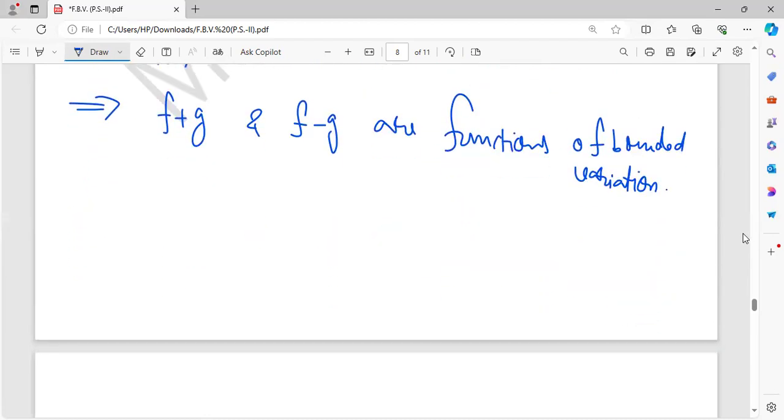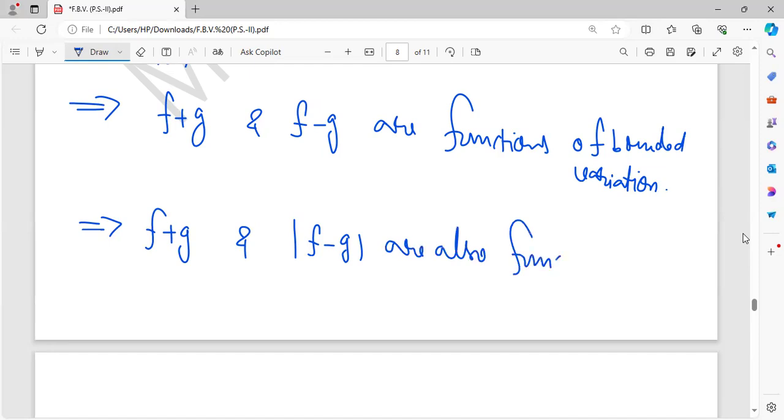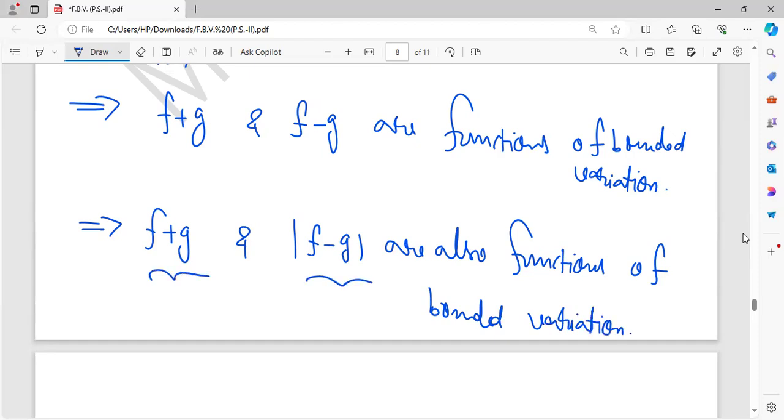So this implies mod of f minus g, and we will keep f plus g as it is, are also functions of bounded variation. Now I can take sum of these two and difference of these two.